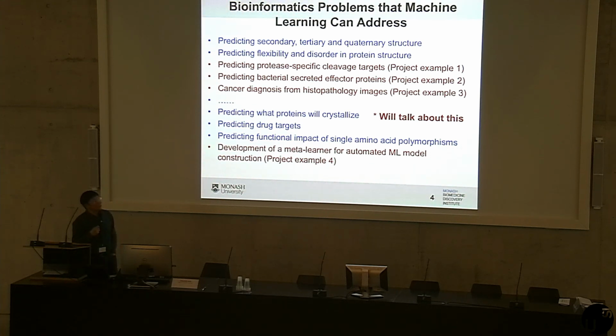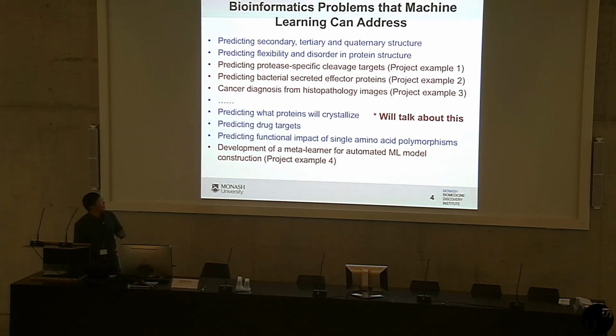Also predicting which proteins can better crystallize and hence be structurally solved, generating their 3D structure. I also like predicting drug targets, predicting the functional impact of SAPs, single amino acid polymorphisms, and predicting other functional variants given the sequence genome data.